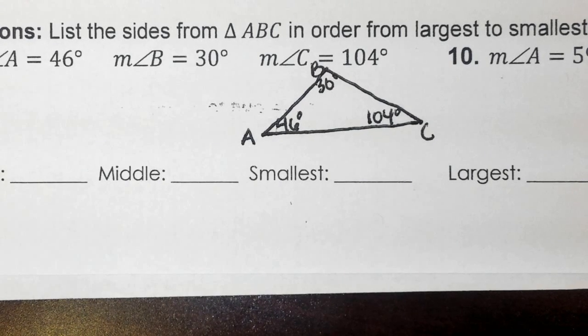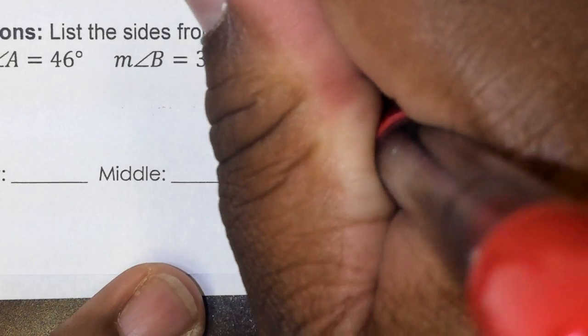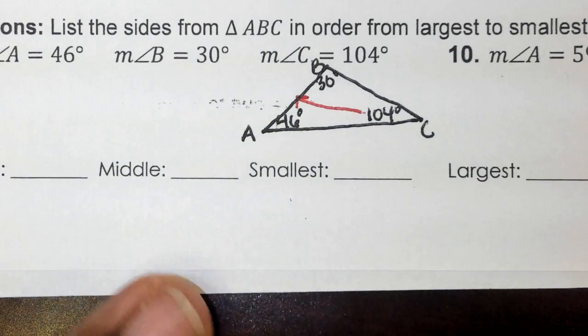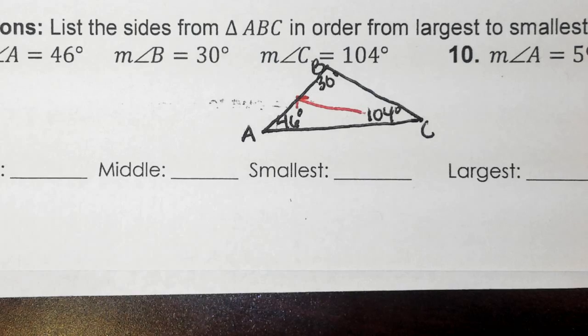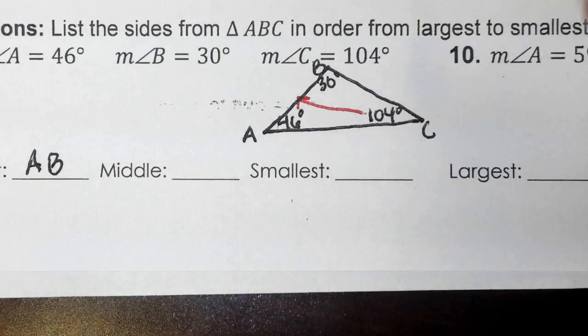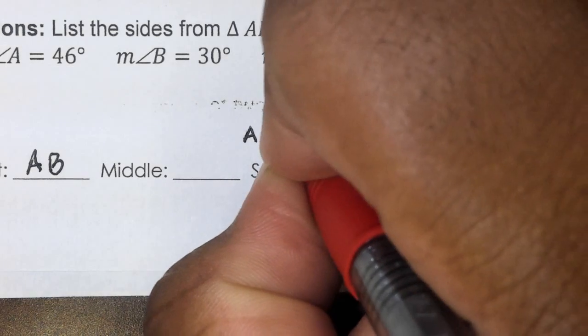Now you're using the angles to figure out which sides are largest or smallest. My largest angle is 104. Going to that angle, going across from it. 104 is my largest angle. My largest side is AB. My middle angle is 46.